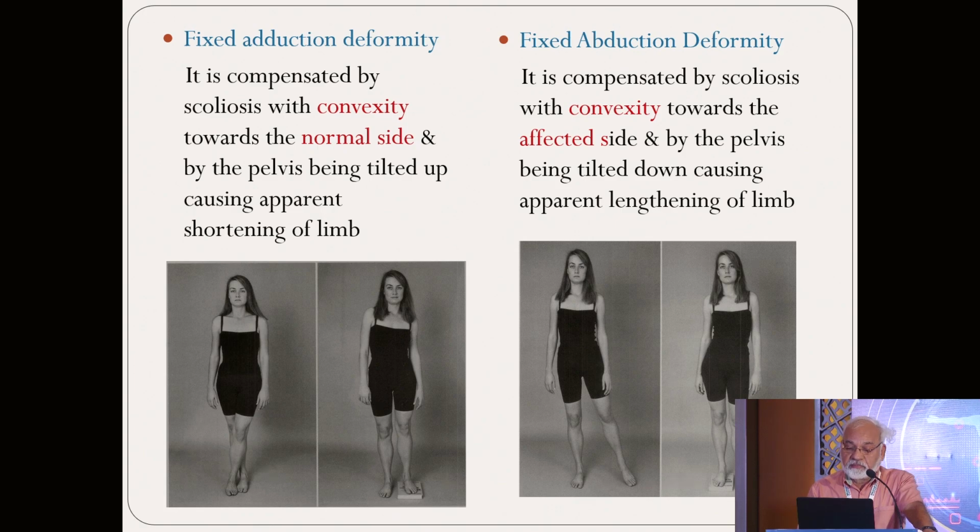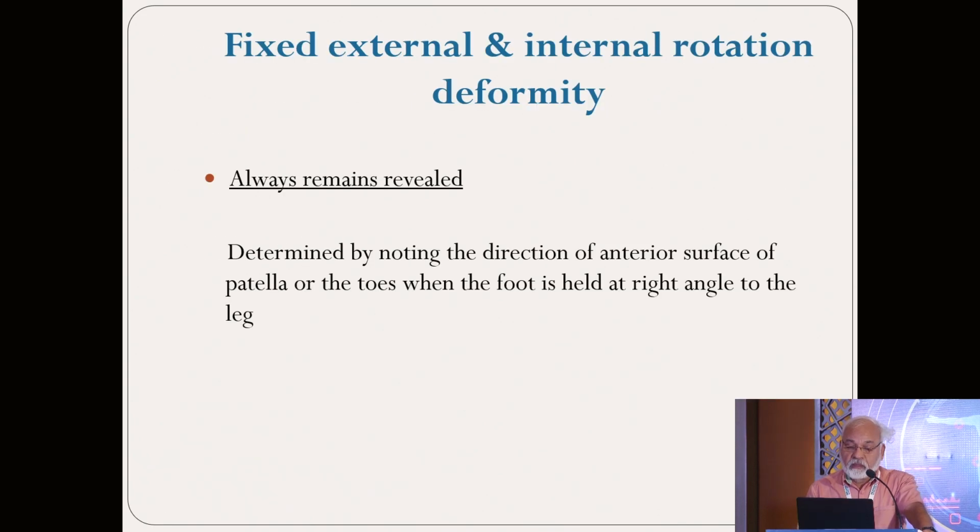Whereas in hip abduction deformity, there is convexity toward the affected side with the pelvis tilted, causing apparent lengthening of the limb. So this is also important to note when somebody comes to you with hip pain. Then we have to look for any fixed external or internal rotation deformity.